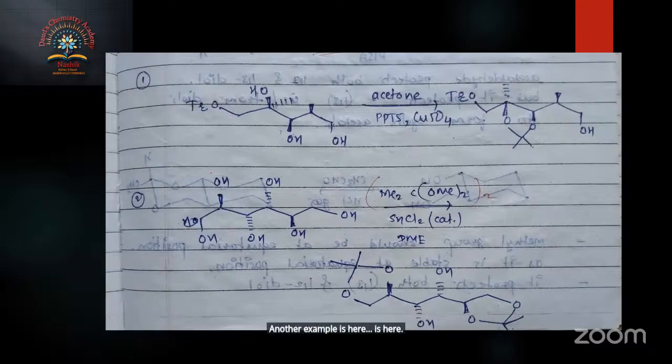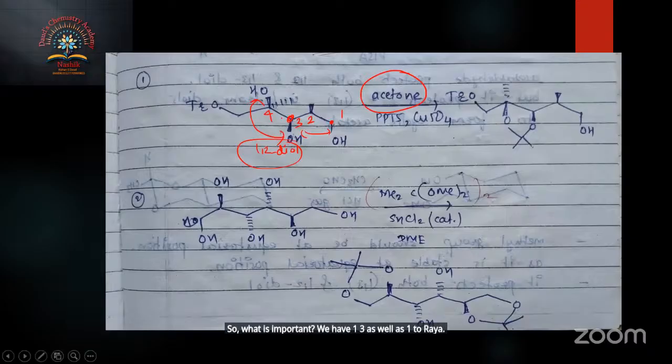Another example is here. What we have here, we have a 1,3-diol, and we have taken acetone. Then we have the 3 and 4, 1,2-diol. So what is important? We have 1,3 as well as 1,2-diol.